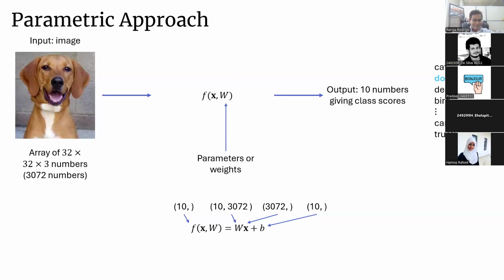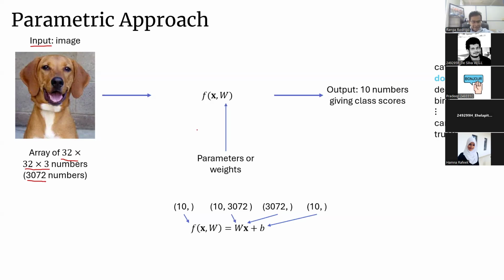Okay, so let's start now. So this is the input image. And this one is an array of 32 by 32 by 3 numbers. It's 32 by 32 because of the color. We have three such planes. So therefore 3072 numbers are there.